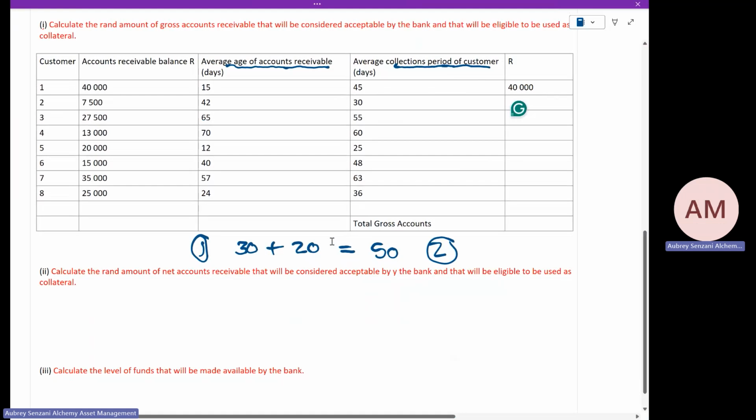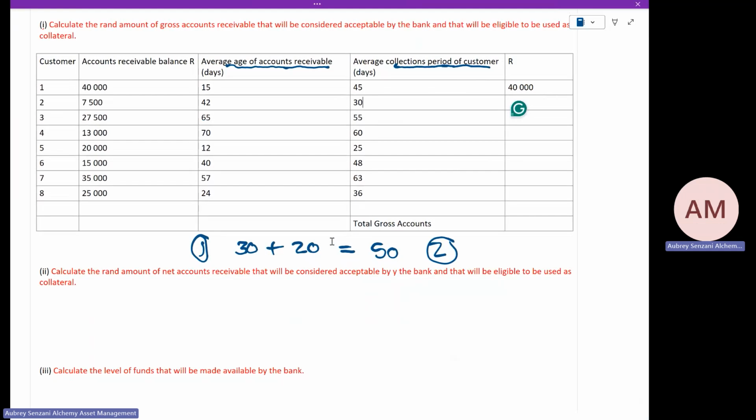because remember they say this is the trick in the question, because I also didn't understand it. It took me a second or two, after reading it once or twice. So they say that the bank considers accounts receivables that can be collected within 20 days or less of the end, can you see, of the company's credit period as acceptable. So we know that the credit period of the company is 30 days.